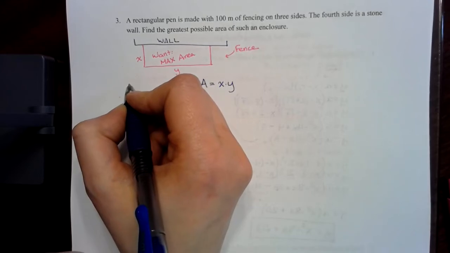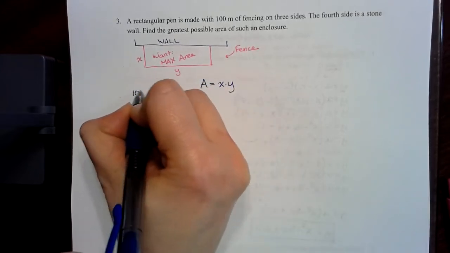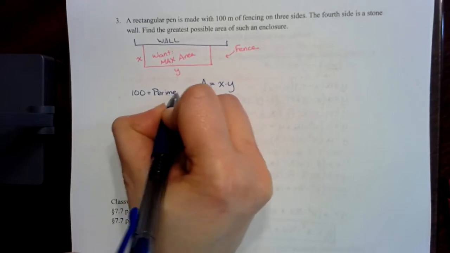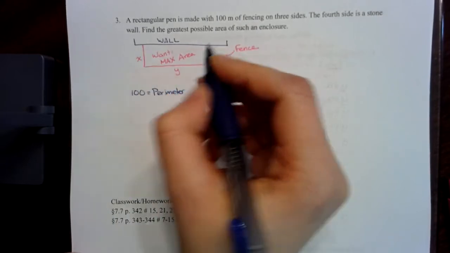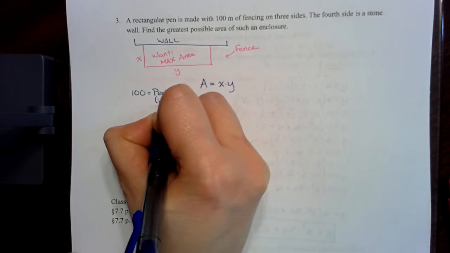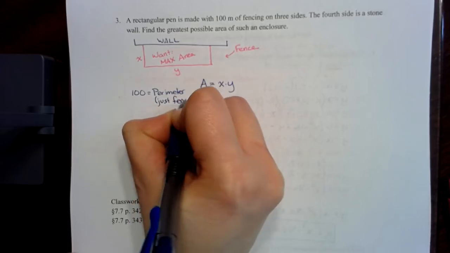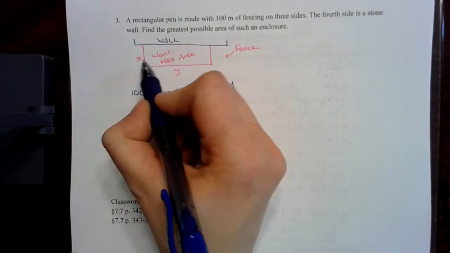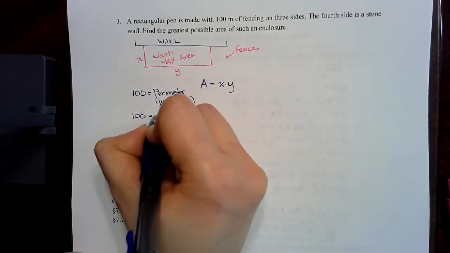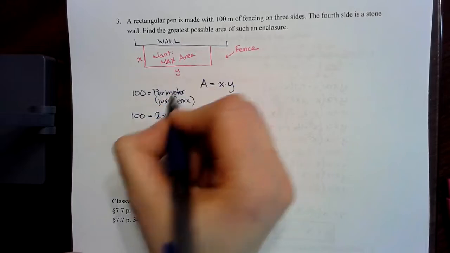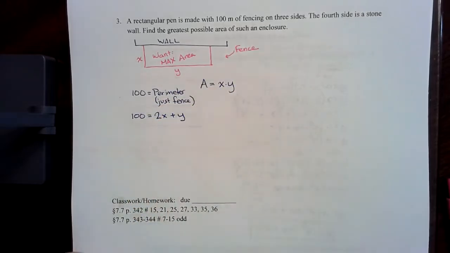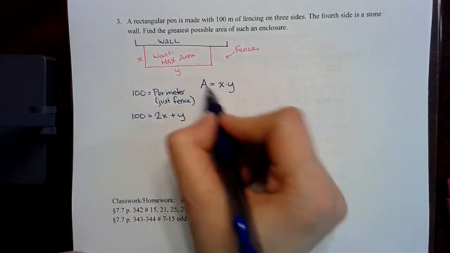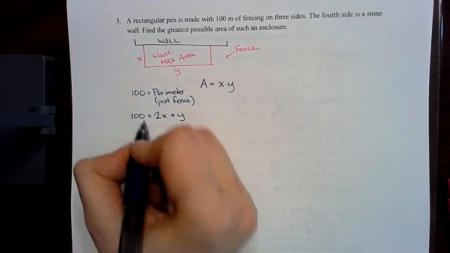So what is that 100? That is the perimeter, not of the whole shape, but just of the fence part of it. So 100 is going to be 2 x's plus a y. And from here, I can solve for y to decrease the number of variables by substitution.